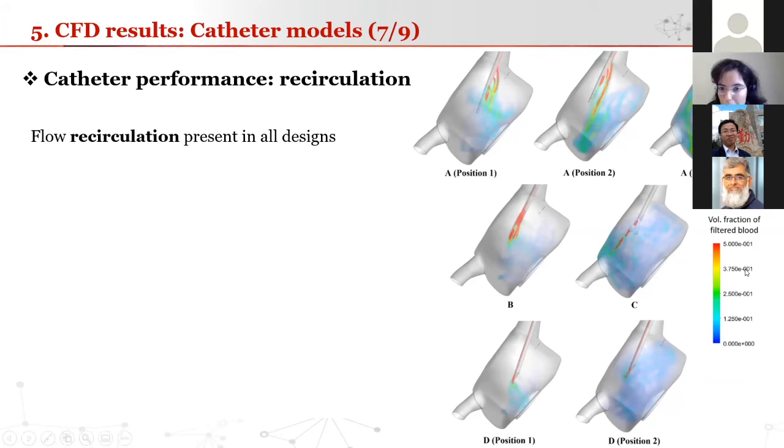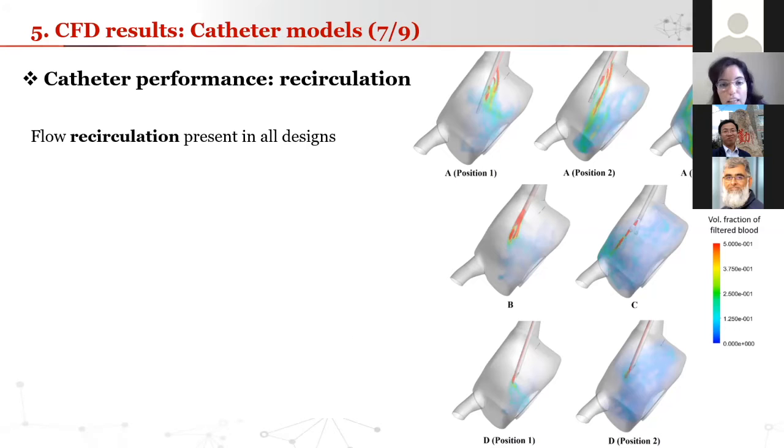For example, catheter C allows for a very good mix of the catheter flow in the right atrium, while for catheter D in the first position, the majority of flow goes through the tricuspid valve, so it doesn't get mixed properly in the right atrium.